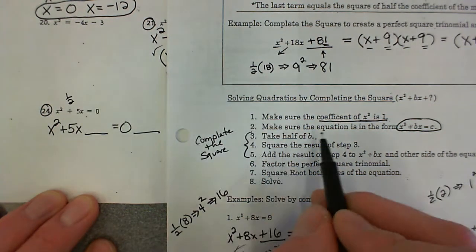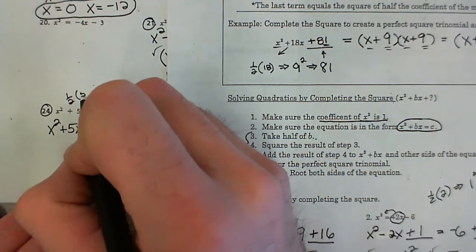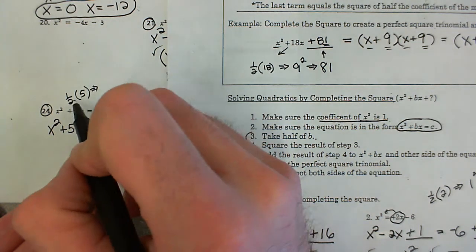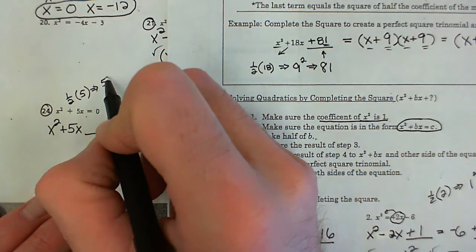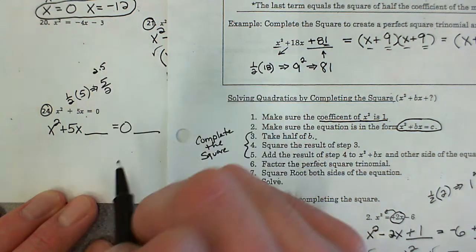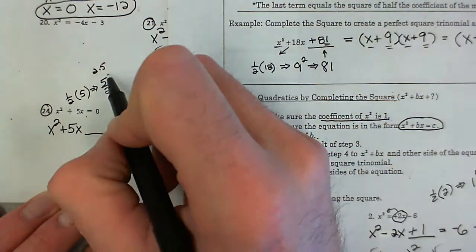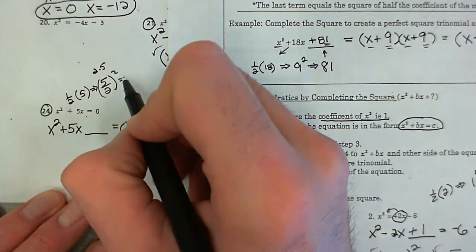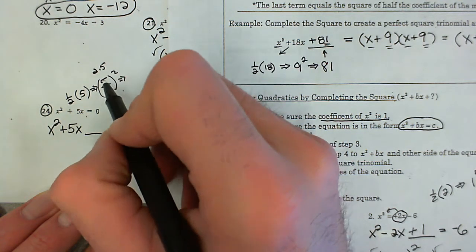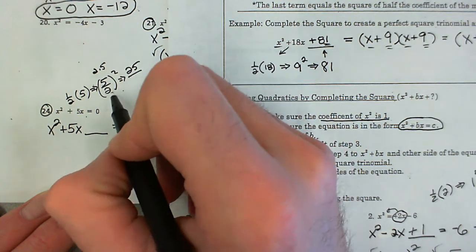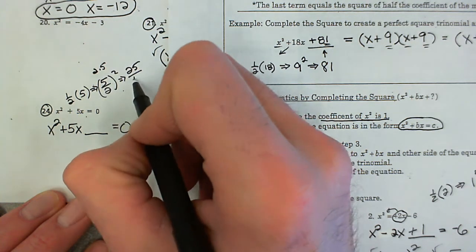We're going to complete the square, take half, in this case, of 5. Well, that one doesn't come out as nice. So half of 5 is actually 5 halves, or 2.5 if you list it as a decimal. And then what do we have to do to that? We need to square that. So if you square 5 halves, well, that's 5 halves times 5 halves, so 5 times 5, that's 25 over 2 times 2, that's 4.